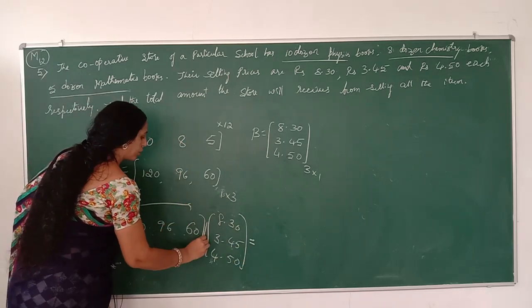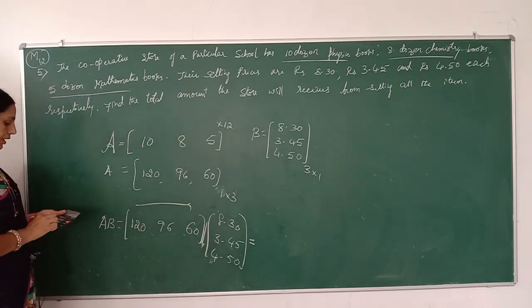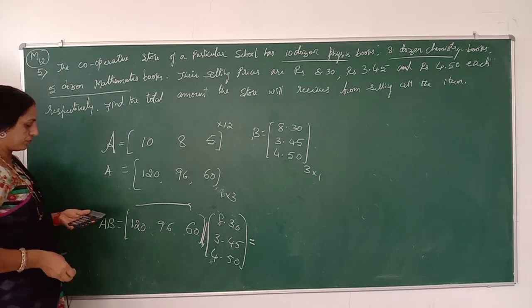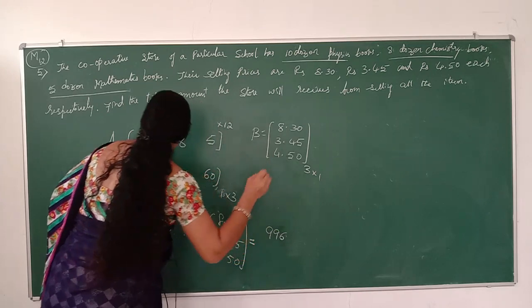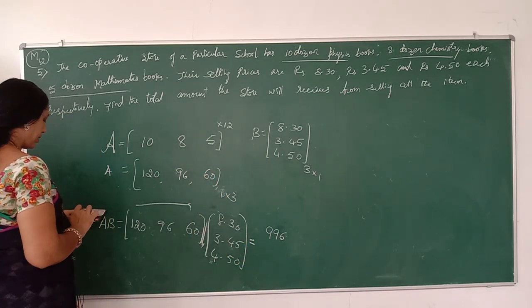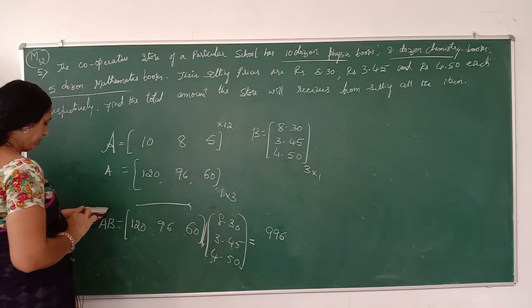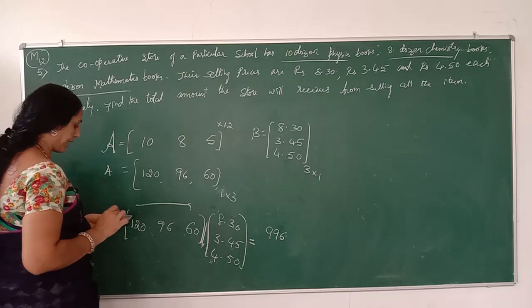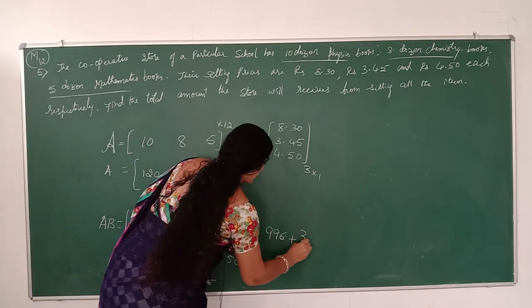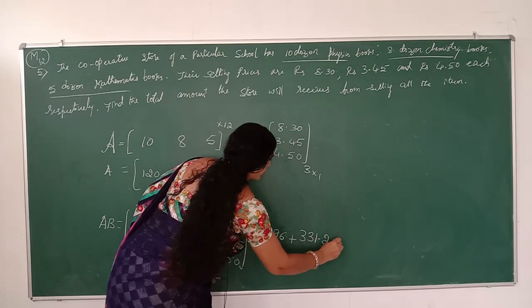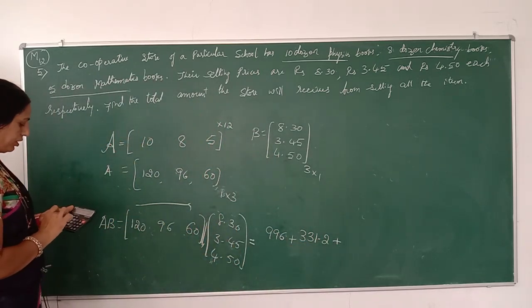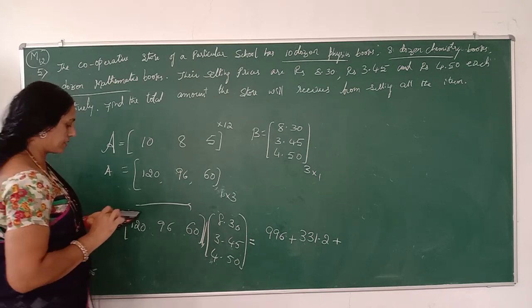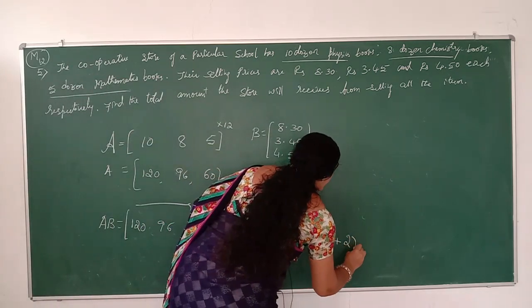So row with column wise. 120 into 8.30 is 996, plus 96 into 3.45 is 331.2, plus 60 into 4.50 is 270.